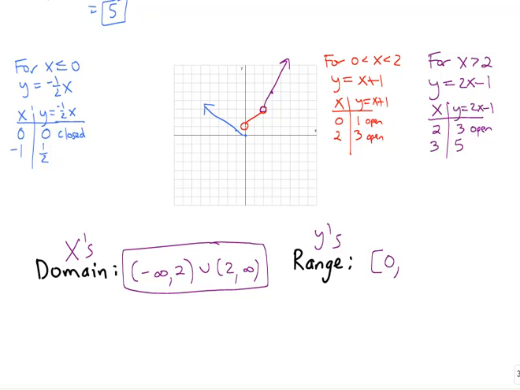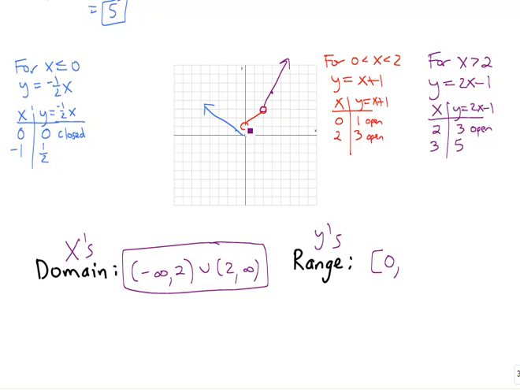So this is going to start at 0 and include it. Now think about the highest y value that got used. Well, on this blue graph, I go from 0 and I keep going up, up, up. So all these positive y values are going to get hit. It looks like there might be a little jump right here between 0 and this first little red open circle, but all these blue points right here on this blue line use those y values.